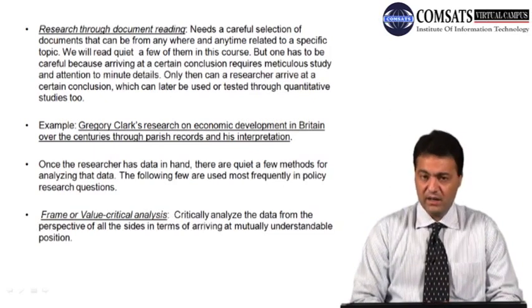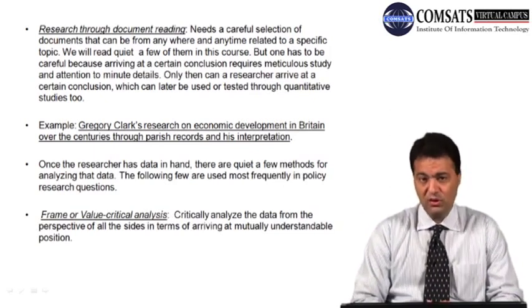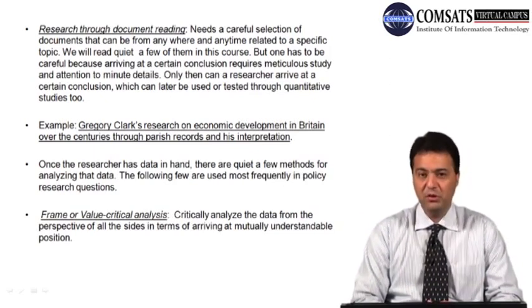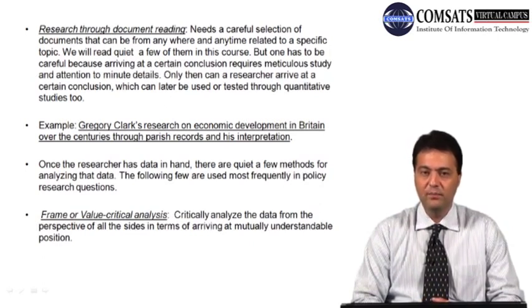So what Gregory Clark came up with, it's kind of a genetic interpretation, a behavioral interpretation of economic development in Britain over the centuries. What he did was that he took out all those records.